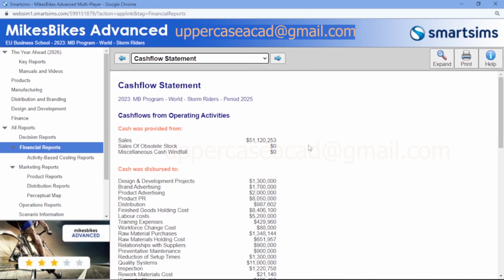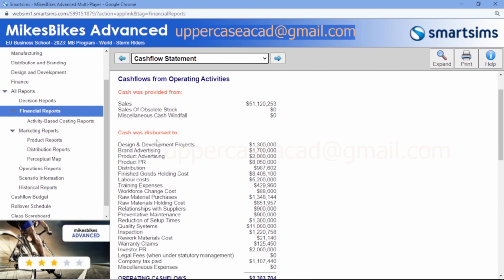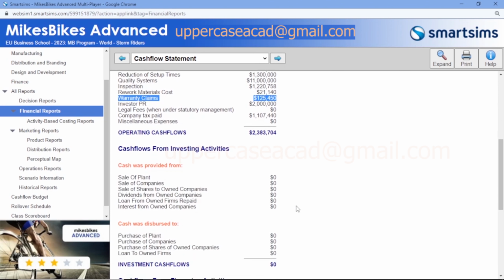So here we have the sales, the design and development project, brand advertising, product advertising. We have the inspection here, and the warranty claims. Ensure that at each rollover your warranty claims are reducing. Don't increase your warranty claims because they'll really impact your quality.